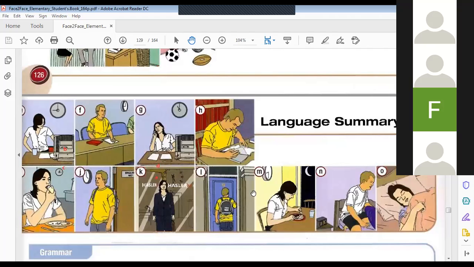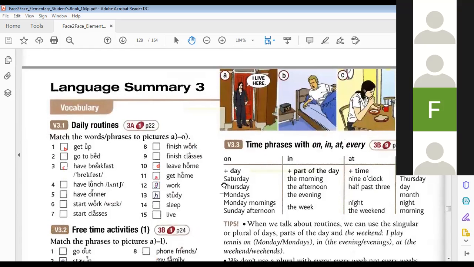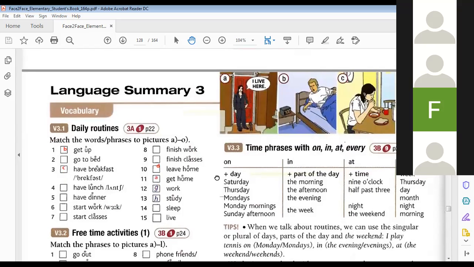What are these pictures? What's E? What do you think E is? Start work. What's the time? It's 9 o'clock, right? Start work. Maybe start work. Let's choose start work.